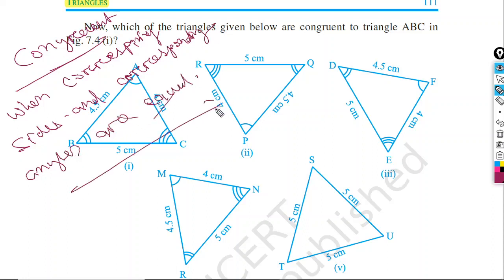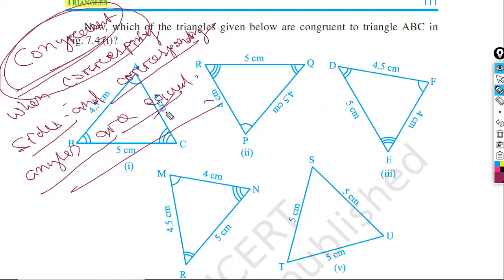In two triangles, when all the corresponding parts are equal, or corresponding sides and corresponding angles are equal, then only we say two triangles are congruent.